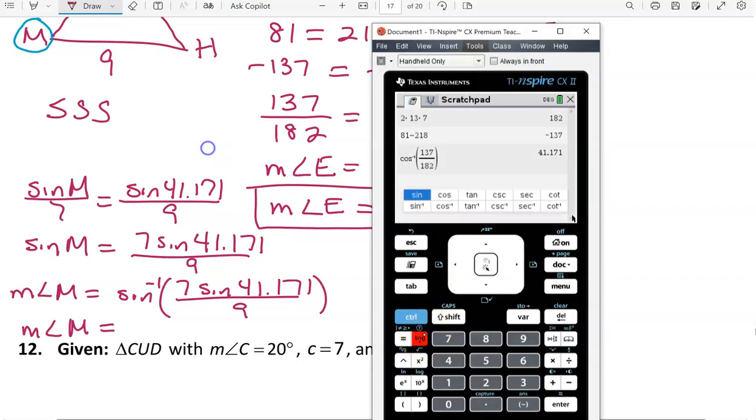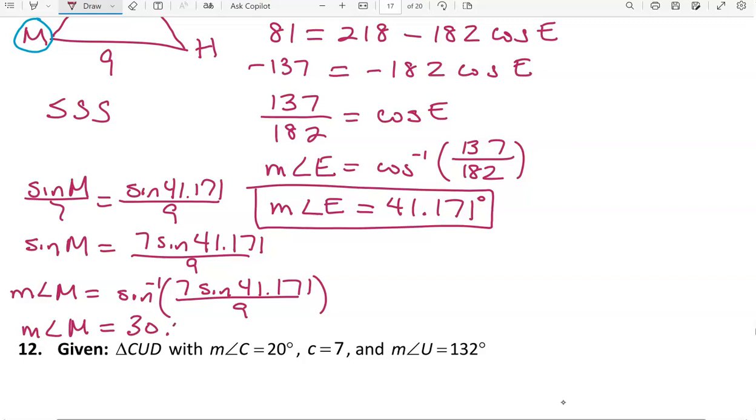So whenever we're finding an angle, we'll always find it using the sine inverse of control divide 7 times the sine of, and here's where we want to be careful about the accuracy, use control answer to bring the previous angle that we just found as the number to be used in the calculation divided by 9. Enter, that's 30.798.